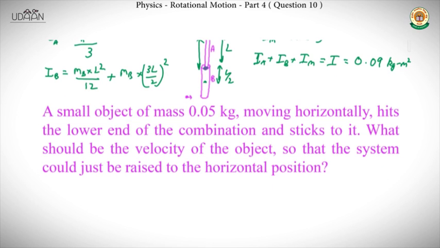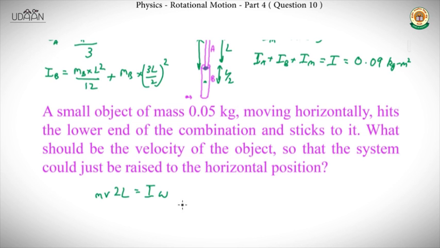The initial angular momentum of the incoming body with respect to point P will be equal to mv into 2L. This is the angular momentum of the incoming body. This should be equal to the final angular momentum just after the collision, which will give us I omega.